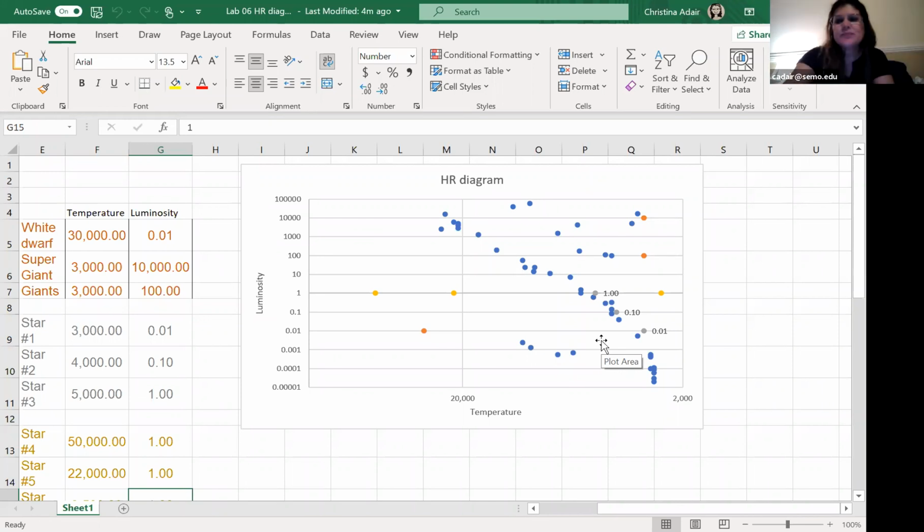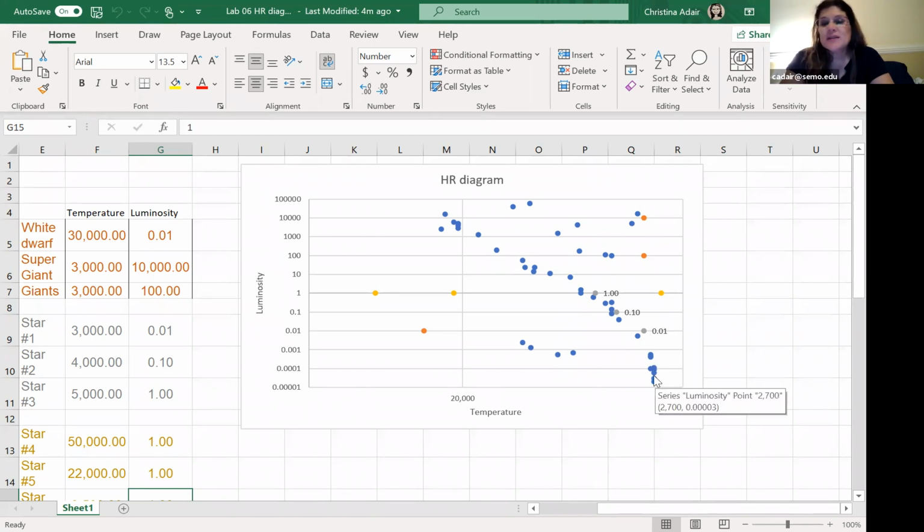Anyway, okay. So if you'll notice here, there is sort of a pattern that you can see. We've got this weird sort of swooshy thing here. This is called the main sequence. When a star is born, it is born with a specific mass, and that mass will determine where it lands on the main sequence.